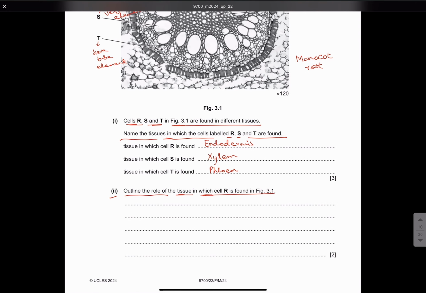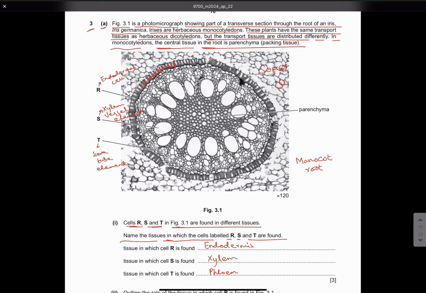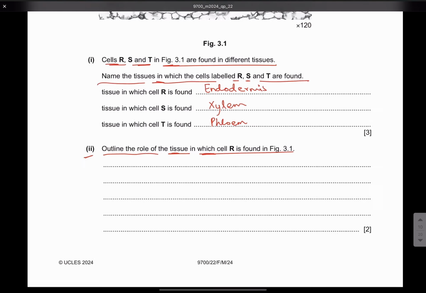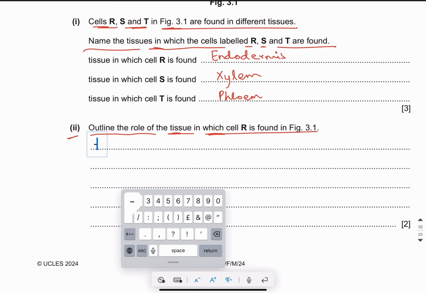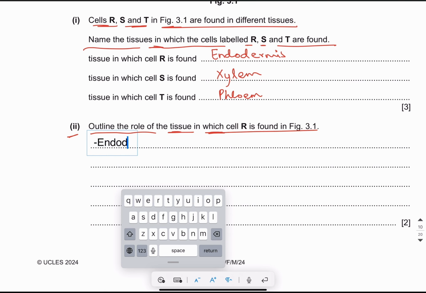So what is the role of endodermis? We can say that endodermis contains passive cells which have Casparian strips.